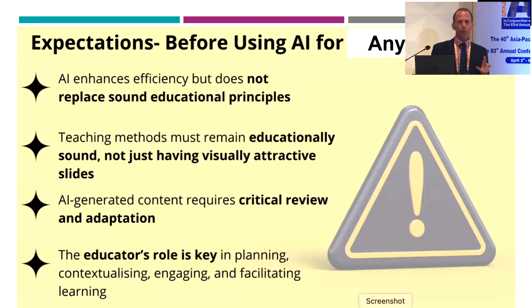Teaching methods must be good teaching methods, and everything you do requires critical review and adaptation of what AI is giving you. You can't just ask it questions and use what you get. You've got to have a content expert review it first.